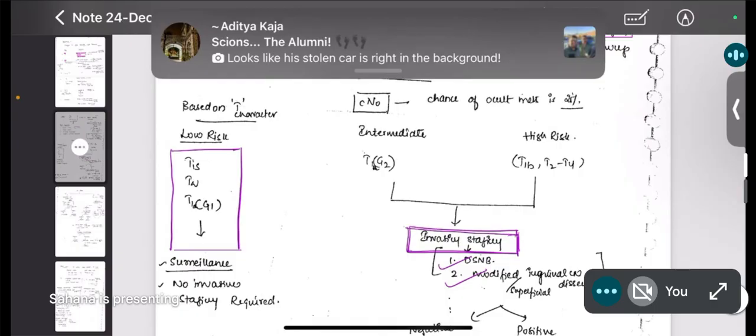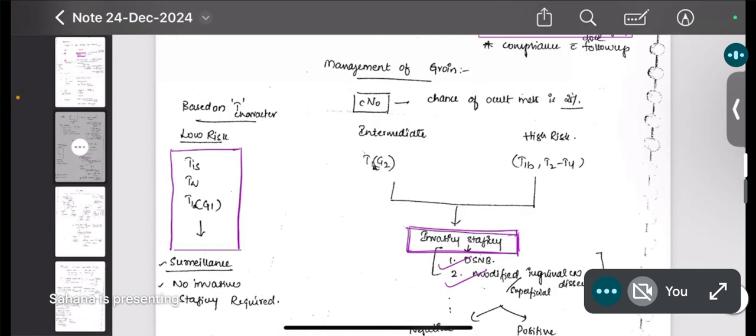So how invasive? It goes from minimal to maximal. The bare minimum that you have to do is dynamic SLNB. Next is superficial template dissection. Then go to deep, or you do modified complete, or you do standard inguinal dissection. So this is how you have to do.